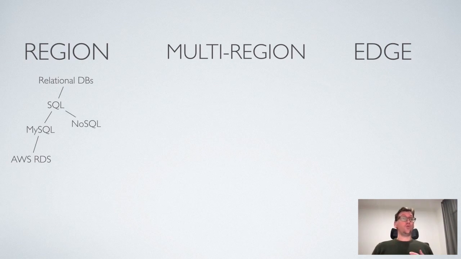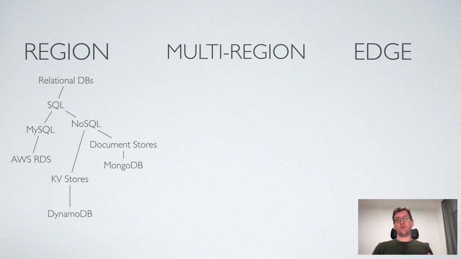Then there is, of course, NoSQL, because if you have SQL, you need NoSQL, which leads to things like document stores and key value stores. A popular document store is MongoDB, and a popular key value store is DynamoDB.